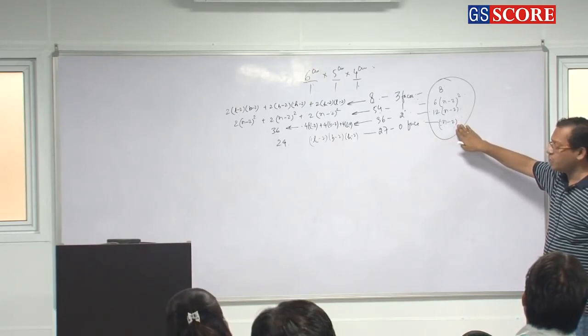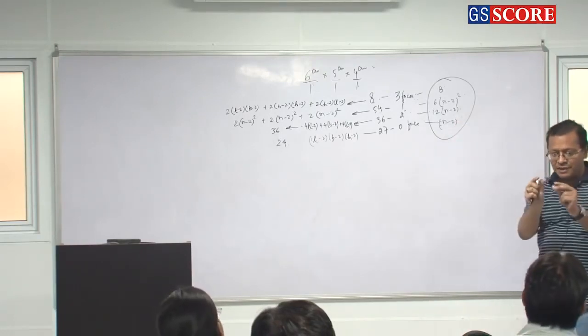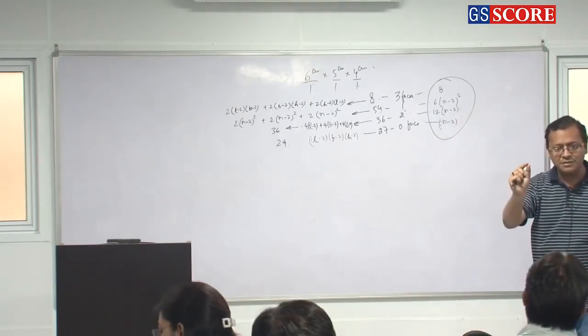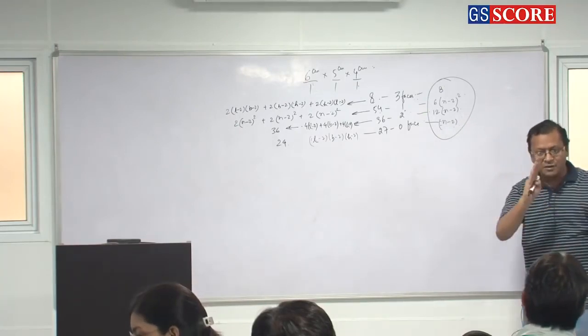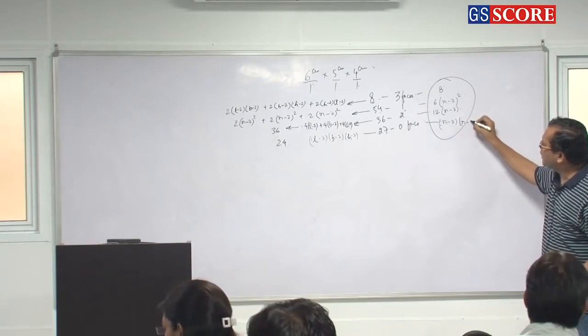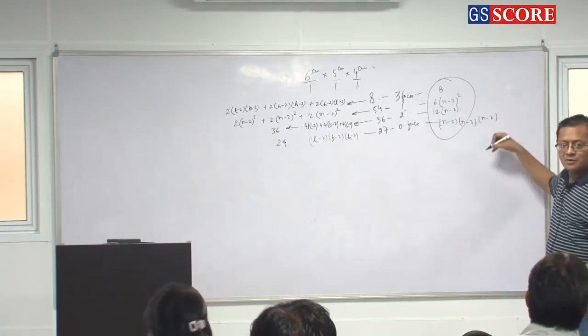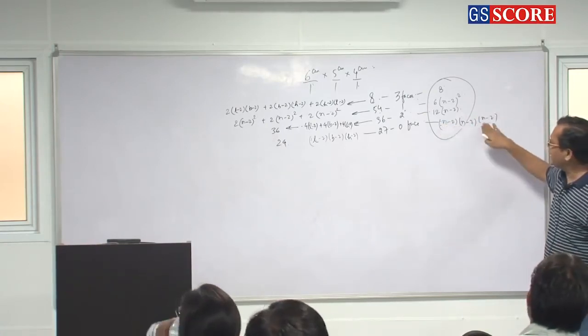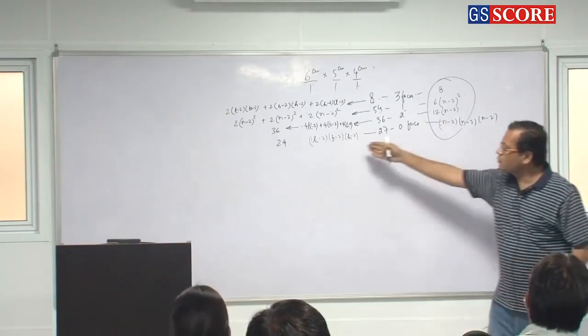Okay, so n minus 2 cube. Why? Because n minus 2, n minus 2, n minus 2, 3 halves. Now all those 3 are different now, so you have to write n minus 2, n minus 2 and n minus 2. You replace n by L, B, H. Your formula is this one.